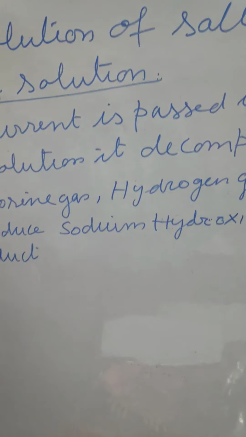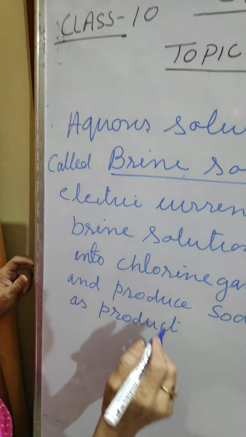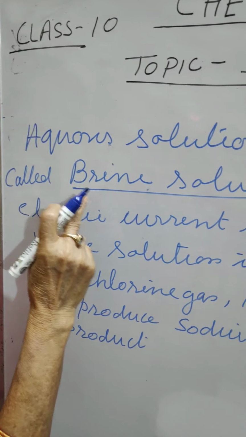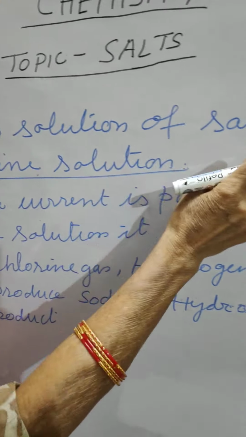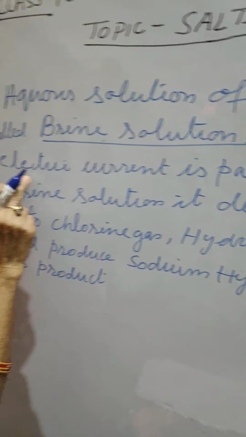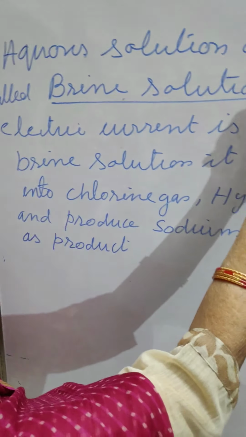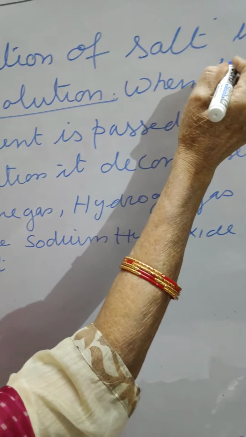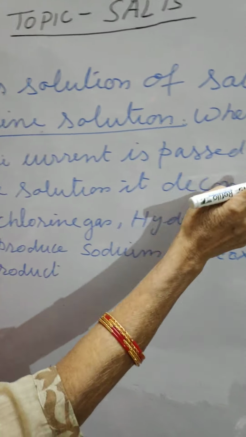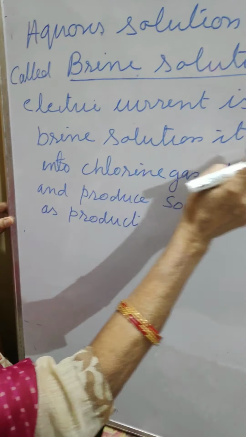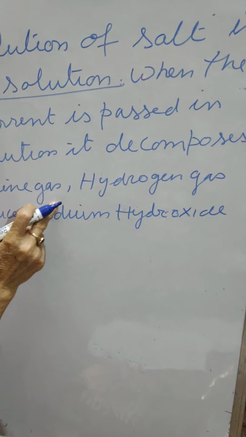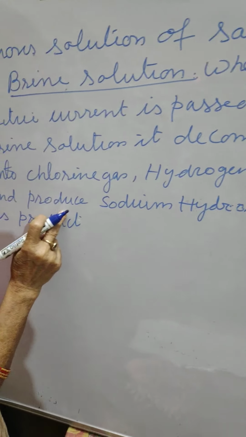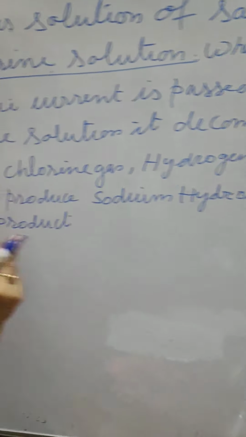Now it is clear. When the aqueous solution of salt, called brine solution, has electric current passed through it, it decomposes into chlorine gas, hydrogen gas, and produces sodium hydroxide as a product.